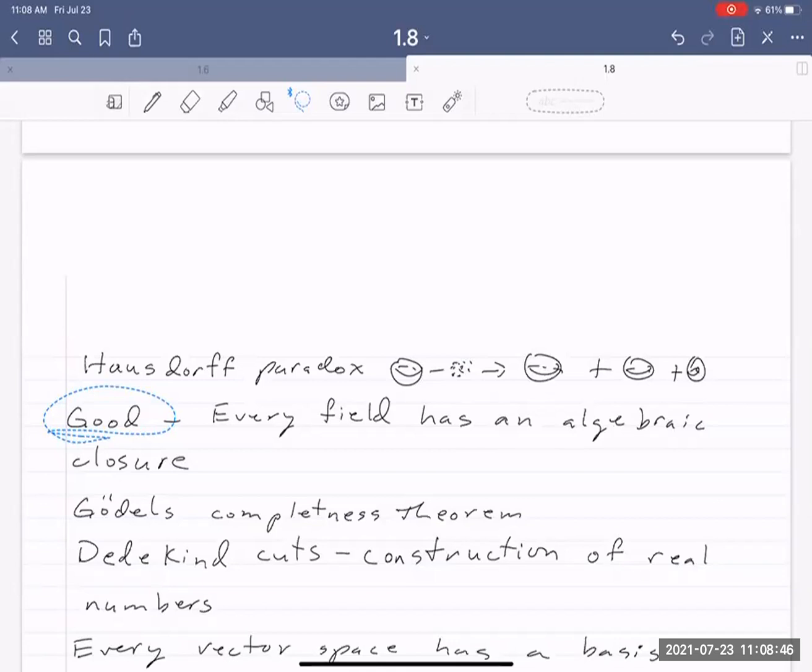The good part. So this is why I don't like it. Why do I like it? Every field has an algebraic closure, which means the following. Let's think of it this way. If you look at the real line, if you take any 2 rational numbers, in between any 2 rational numbers is an irrational number.